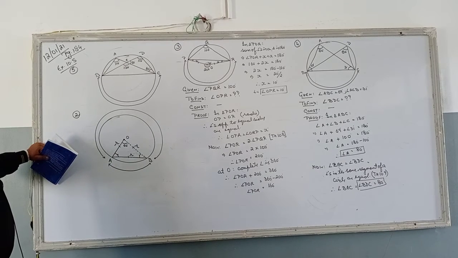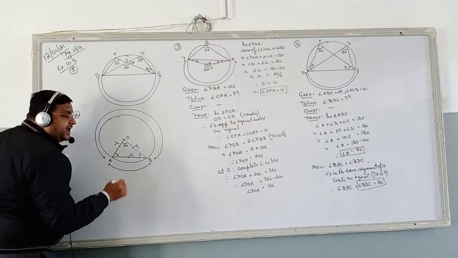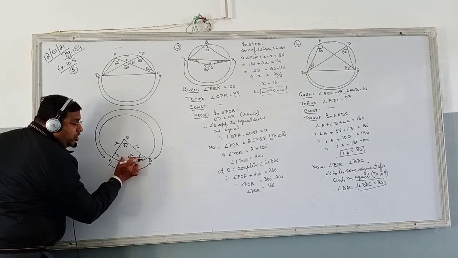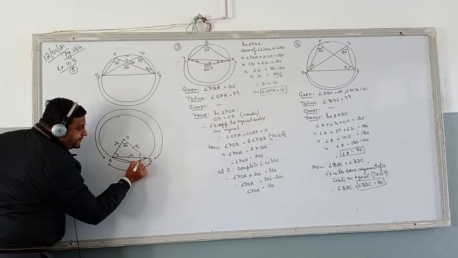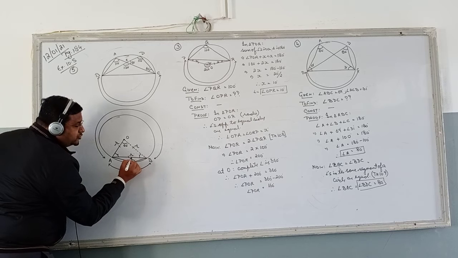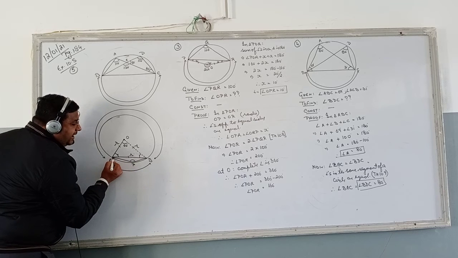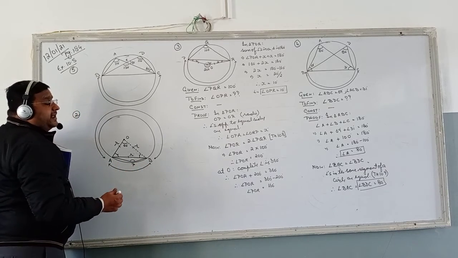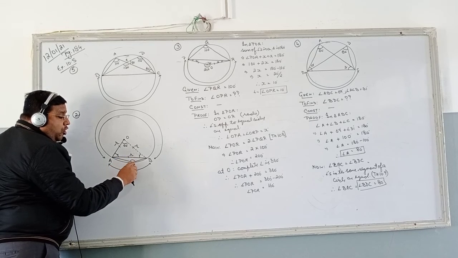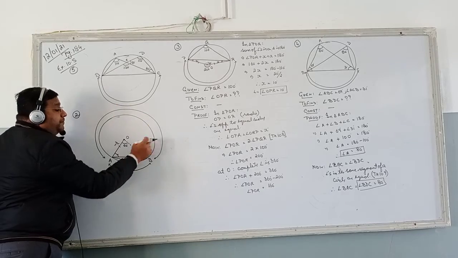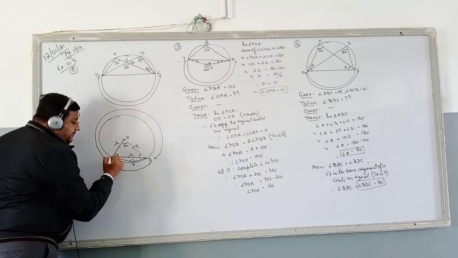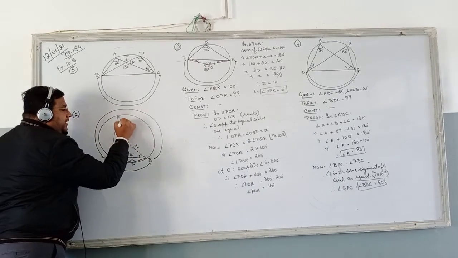On the very first day of this chapter, we have discussed minor and major. So he says, find the angle subtended by this chord on a minor arc. So this is the angle. I'll call the point P. Angle APB is the angle subtended by the chord on the minor arc, and the angle subtended by this chord on the major arc, I am drawing it like this.